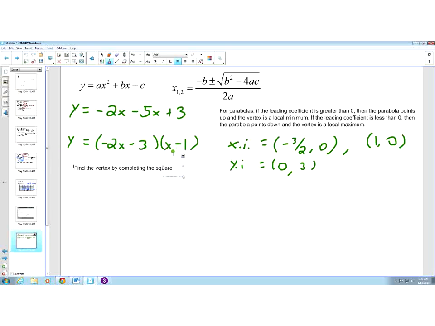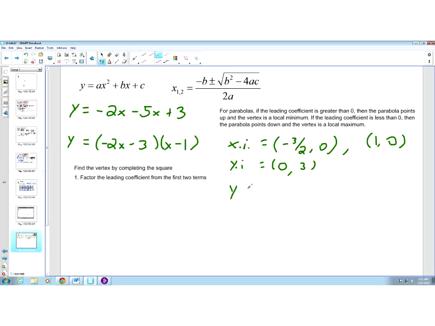So, step 1, factor the leading coefficient from the first 2 terms. All right, so let's do that. So, go back to my pen tool.